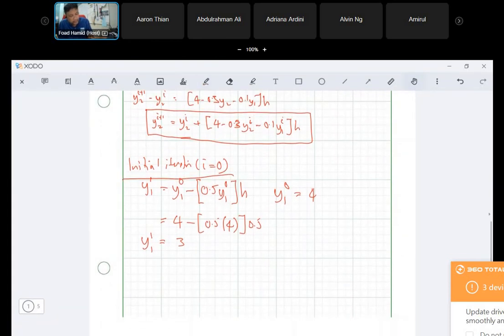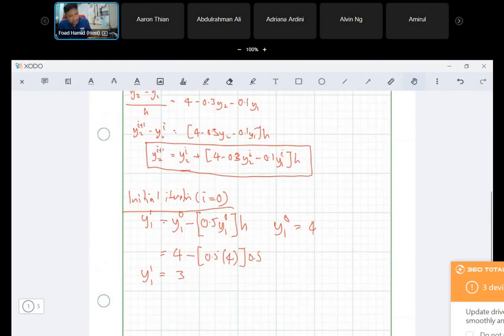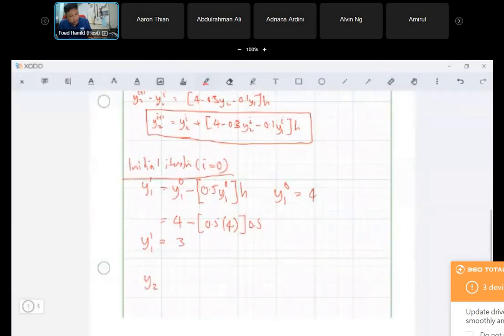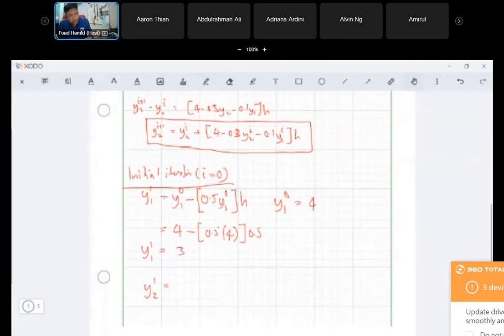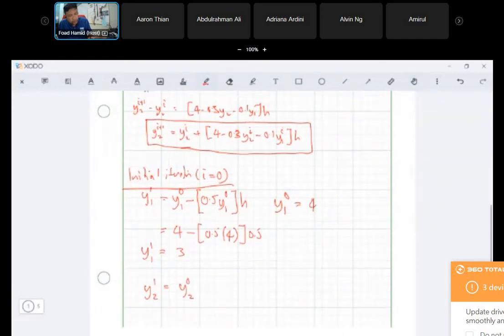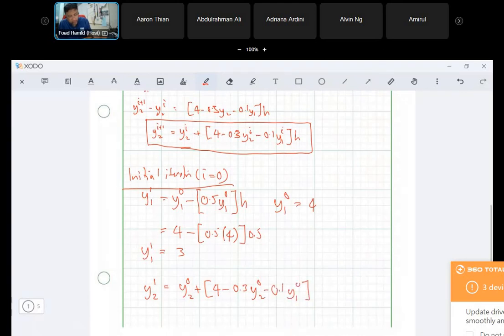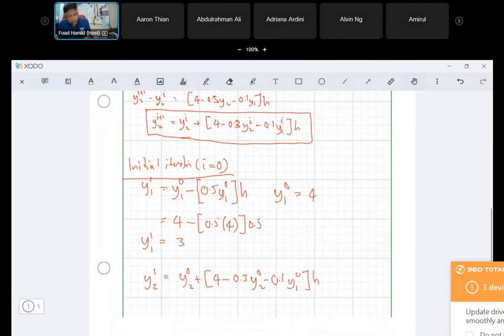And then from the second equation, y2 1 equal to y2 0 plus 4 minus 0.3 y2 0 minus 0.1 y1 0, times h. So what is y2 0? No wonder I get it incorrect.